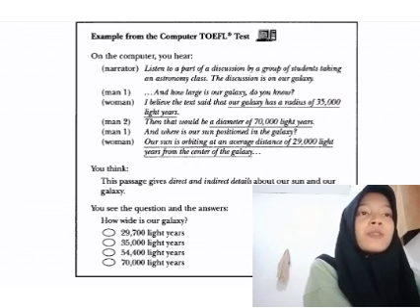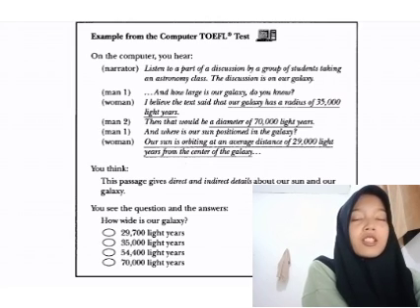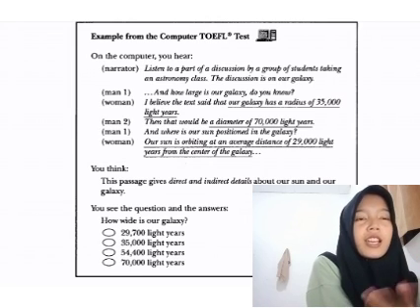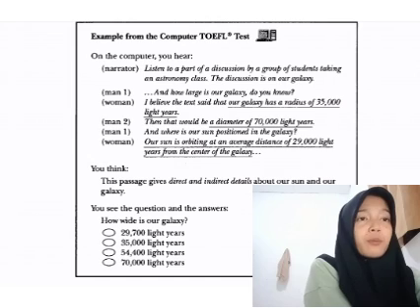Then that would be a diameter of 70,000 light years. This is also indirect because it just might be, so he also isn't really sure about his statement. The woman's statement that our sun is orbiting at an average distance of 29,000 light years from the center of the galaxy is direct.